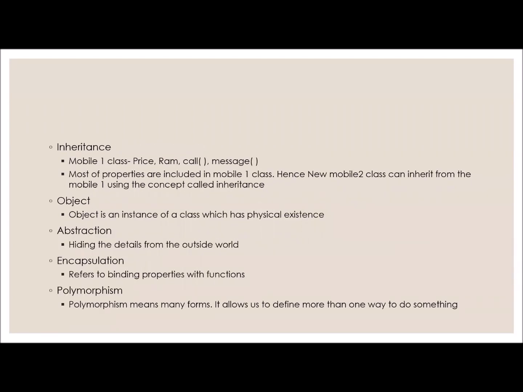Now object oriented programming has the property of inheritance. What is this inheritance? We generally hear the word inheritance in DNA, so that our grandfather's DNA is inherited in me. We use such sentences. When it comes to property, we use the term inheritance. Here in object oriented programming, class 1 has some properties. Recently maybe Samsung launched one mobile. This Samsung is taking a popular mobile that previously existed.